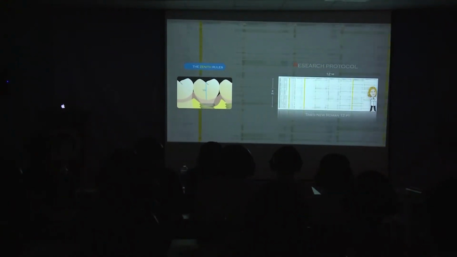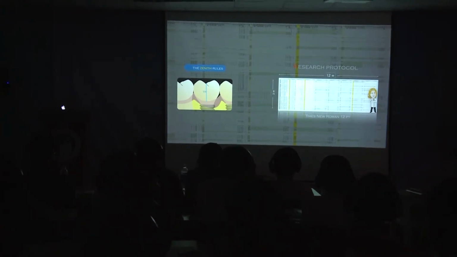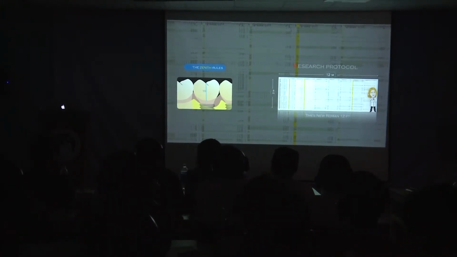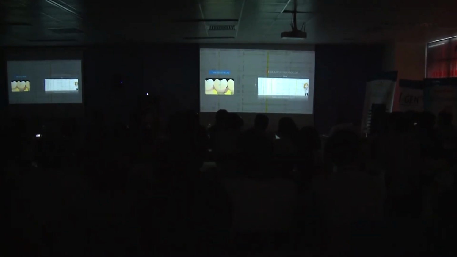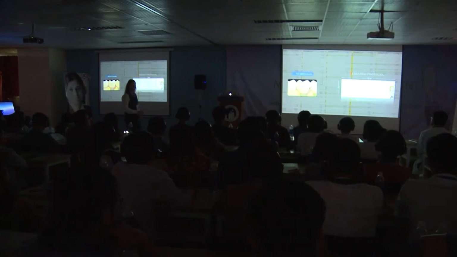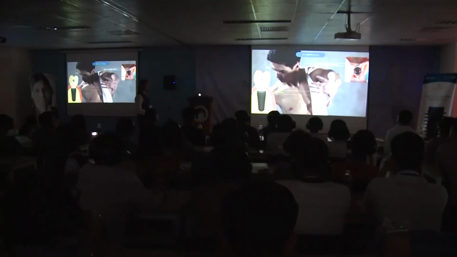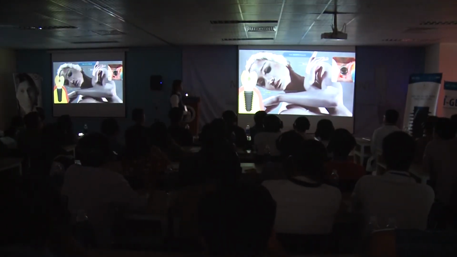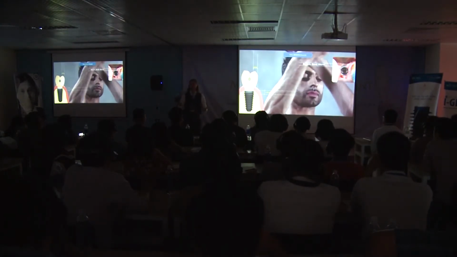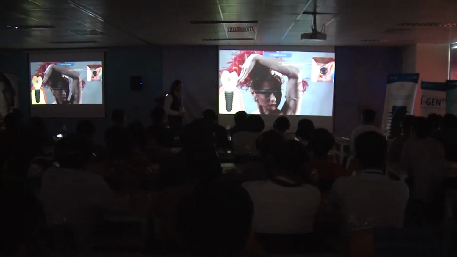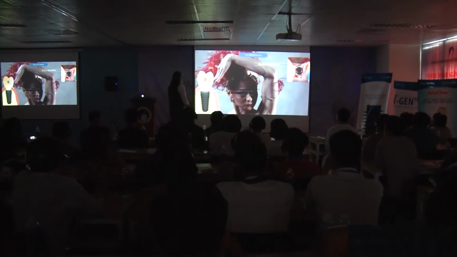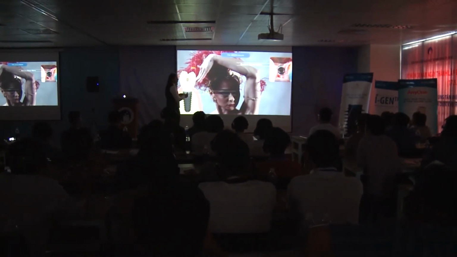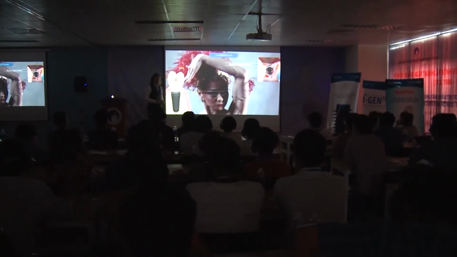If you print the Excel file in Times New Roman 12, it will be 12 meters long, longer than this room. So there are really a lot of data. We can speak about the results for a week, but I will focus on what we really need today.